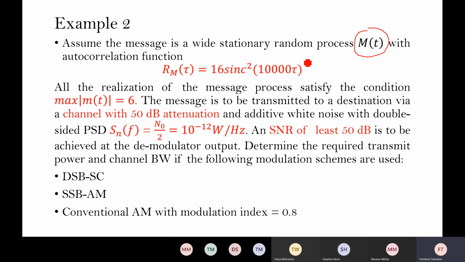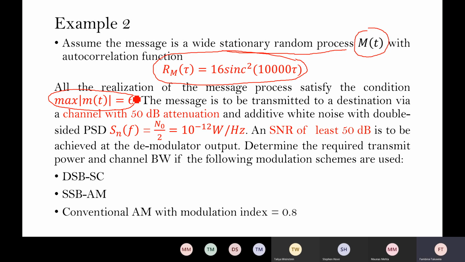And we are told that the baseband signal is a random process which has an autocorrelation given by this. So we are not given the actual M of t, we are given the autocorrelation of M of t. But we are also further told that the maximum value of M of t is 6.